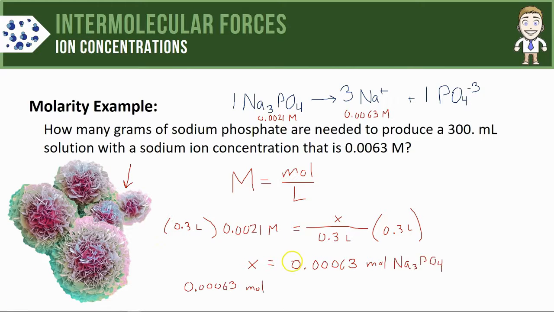I've got one final step. Since the problem asks for grams of sodium phosphate, I've got to take those moles and use the molar mass to convert these moles back into grams. With a molar mass of 163.9 grams per mole, I get a final answer of 0.103 grams of sodium phosphate.